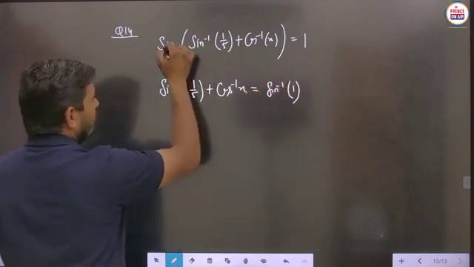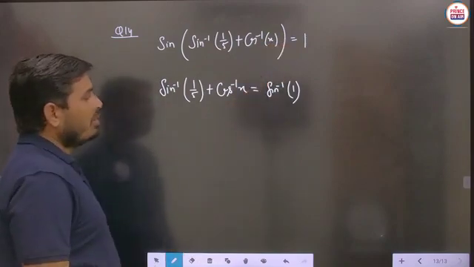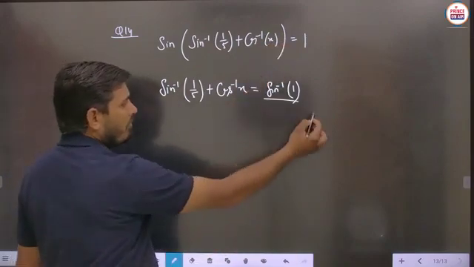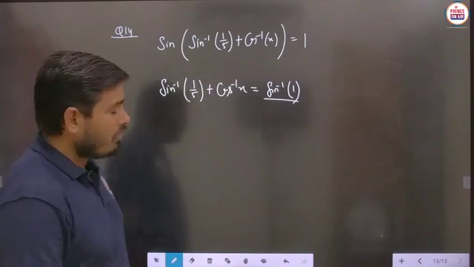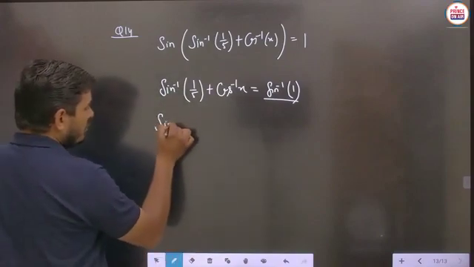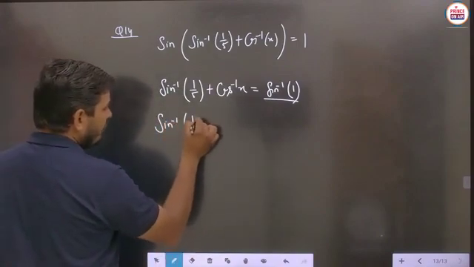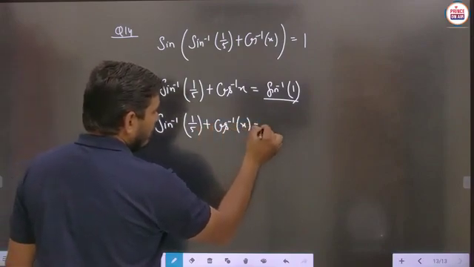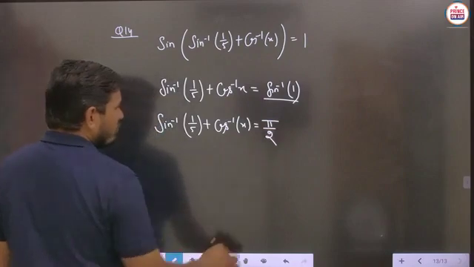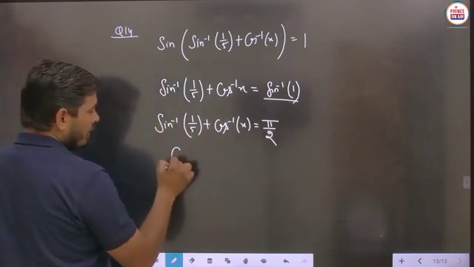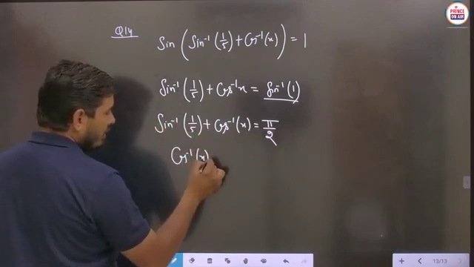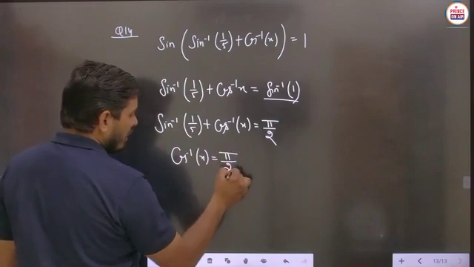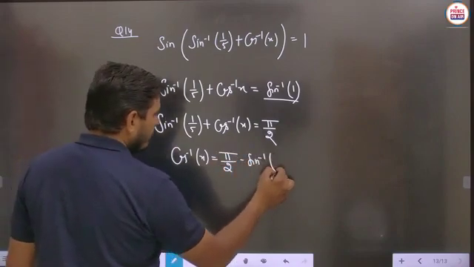You know very well the value of sin inverse 1, that is pi by 2. So finally sin inverse 1 by 5 plus cos inverse of x will become pi by 2. Now student, this sin inverse 1 by 5 will go to the right hand side, then it will be written as pi by 2 minus sin inverse 1 by 5.